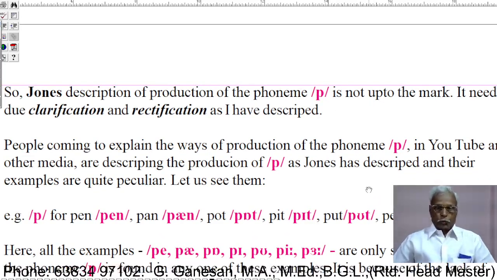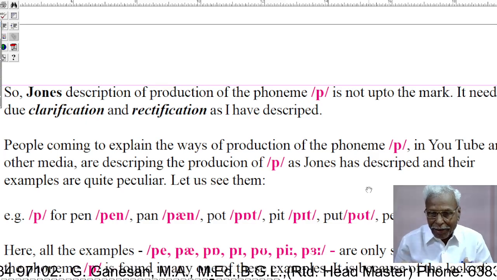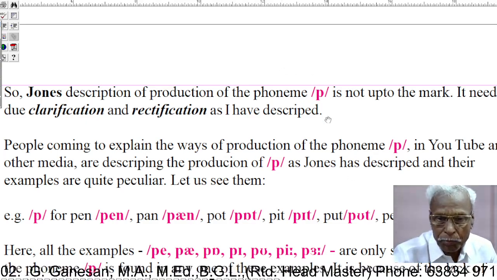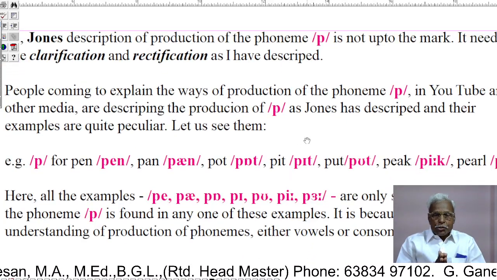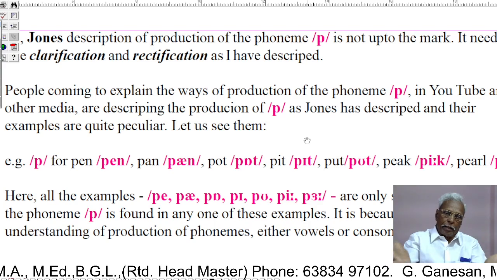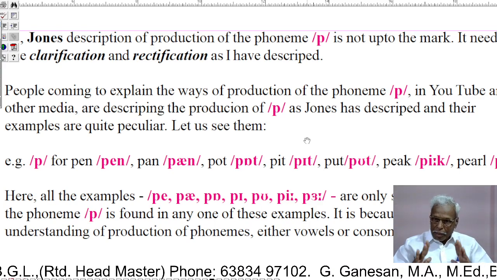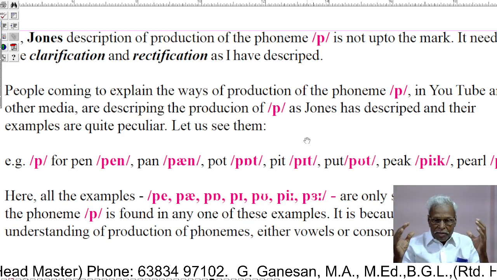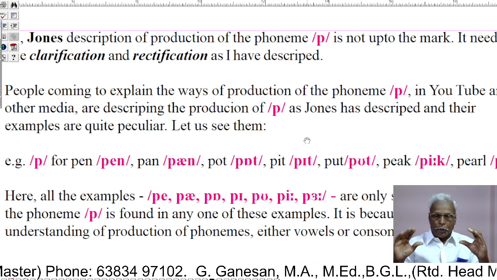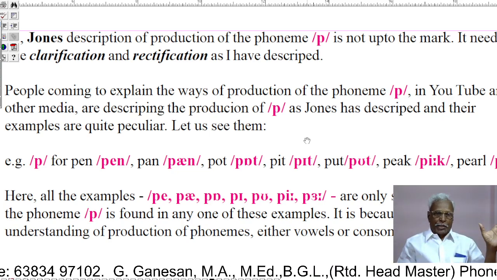People coming to explain or describe the production of /p/ follow the rules laid down by Daniel Jones. They come to YouTube or some other media and explain that it is produced by bringing the two lips together and separating them.